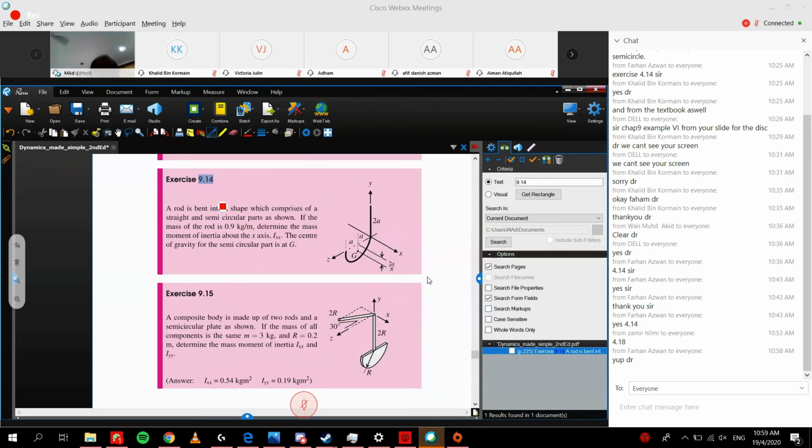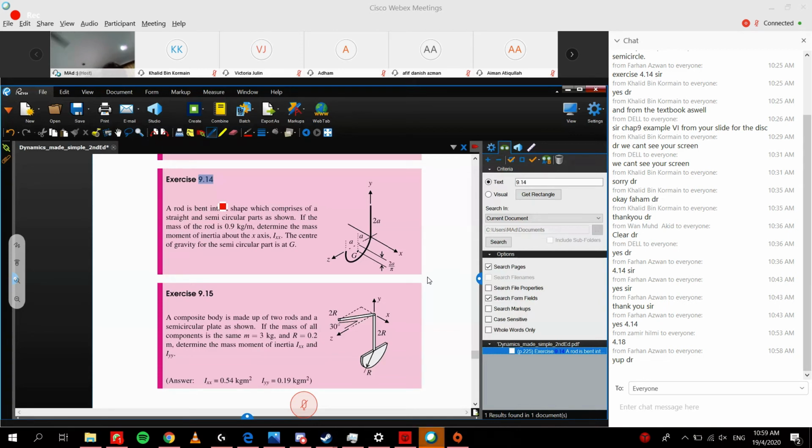A rod is bent into a shape which comprises a straight and a semicircular part as shown. If the mass of the rod is 0.9, determine the mass moment of inertia about the x axis, I as x. The center of gravity of the semicircular part is at G, which is 2a over pi.